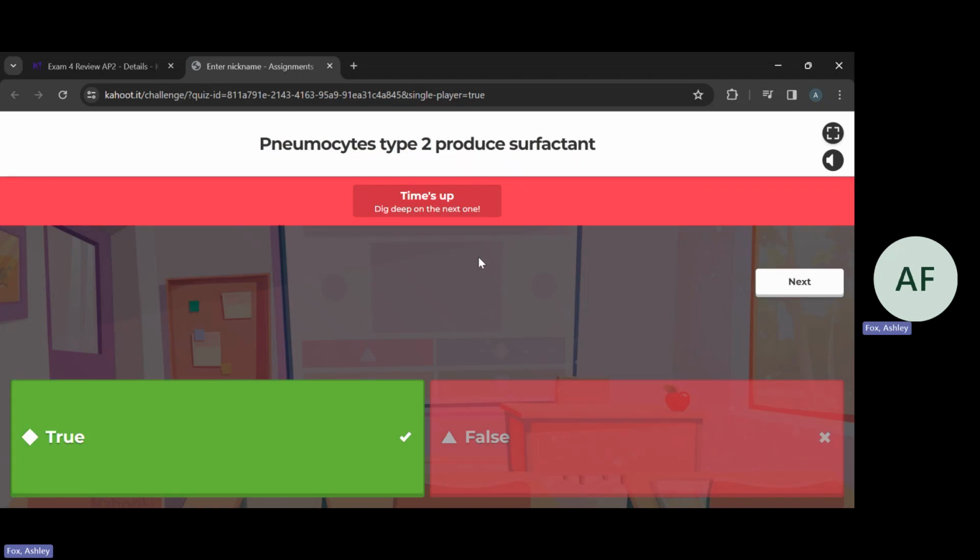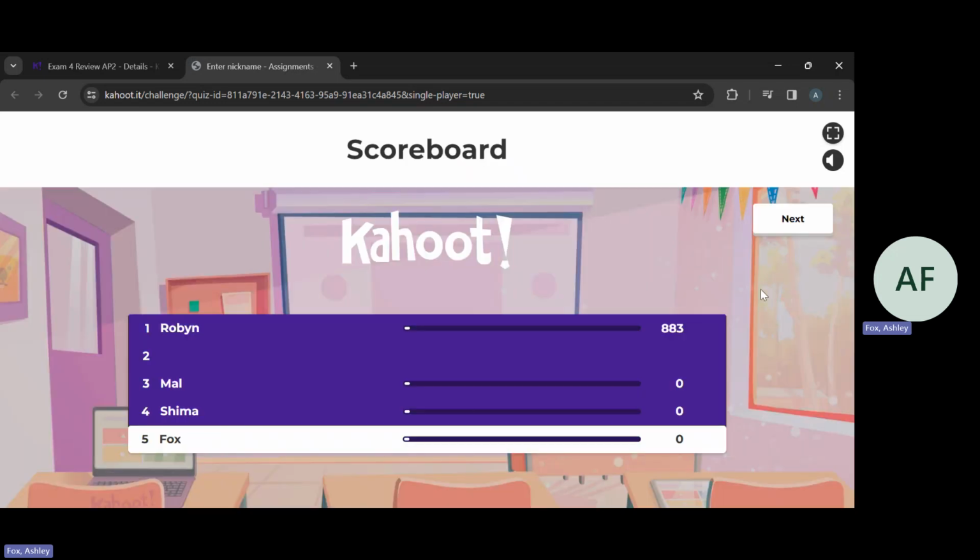That's the structure. Again, pneumocytes type 2 produce surfactant. That's to make sure that we keep the alveoli open, the lipid solution that repels water. So we have water droplets that will not collapse the alveoli, keeping them open. Pneumocytes type 1 are going to be the squamous cells that are allowing for gas exchange.